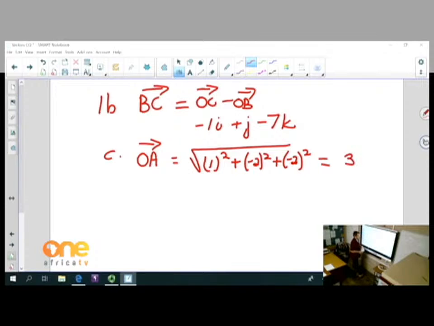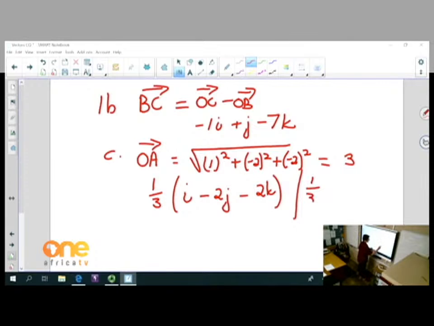And then step 2, you multiply with a reciprocal. So it's a third of i minus 2j minus 2k, which we can also write as a third i minus 2/3 j minus 2/3 k. That is your unit vector.